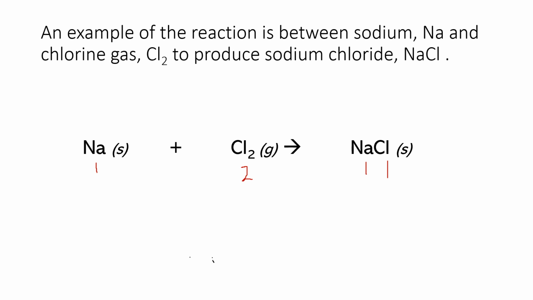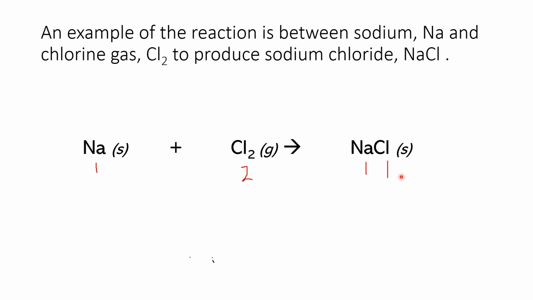So tidak balance untuk chlorine. Jadi to balance the equation, kita mesti hanya letakkan any integer di hadapan ini sahaja. Any integer 1 sampai 9, 1 sampai 10, tak kisah berapa. Okay, any integer, tapi dia letak kat depan sahaja. Tak boleh letak di belakang sini atau di belakang sini.